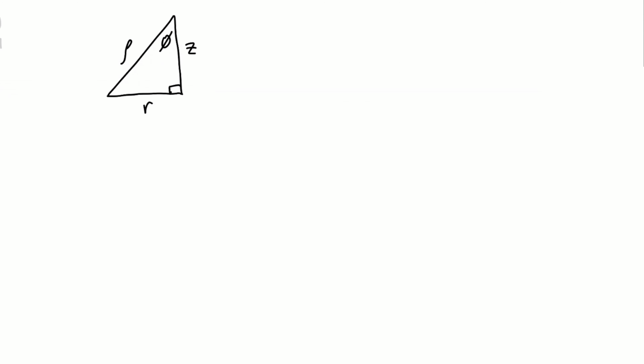So with this triangle right here, what we want to do now is consider what happens when we take a look at the cosine of phi and the sine of phi. Well, using good old SOHCAHTOA, cosine of phi is adjacent over hypotenuse. Solving for z, we get rho cosine phi, which is the one relationship we are after.